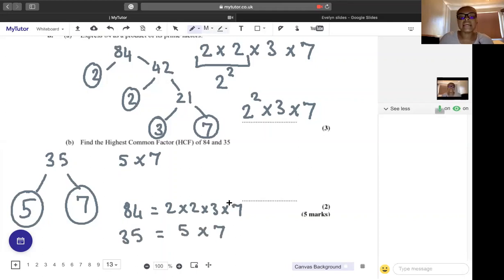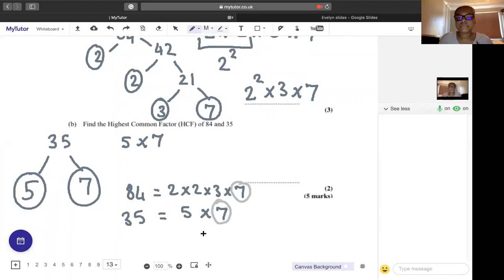Now, there is only one prime factor which is common in both of these numbers, and that number is 7. So 7 is our highest common factor. There's no other numbers which we haven't circled which are common in both 84 and 35. So our answer to this question would just be 7.